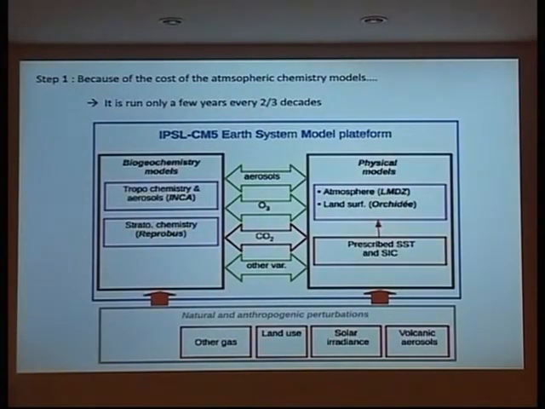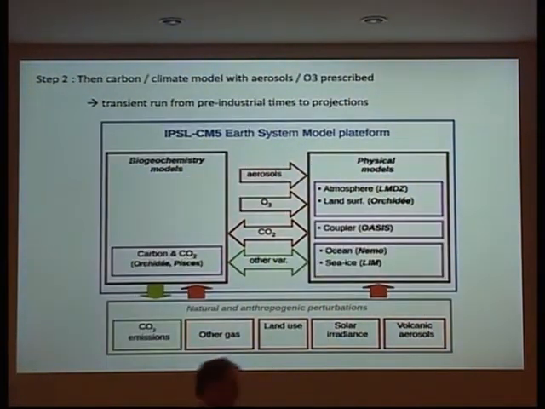And this model goes very quickly to equilibrium because you don't have the ocean machinery here. And it's run only a few years every 2-3 decades. Basically we create for every 2-3 decades fields of aerosols and atmospheric chemistry. So that's how we do. And then the second step, you use those fields that you've created and you run the climate coupled model coupled to the carbon cycle models.